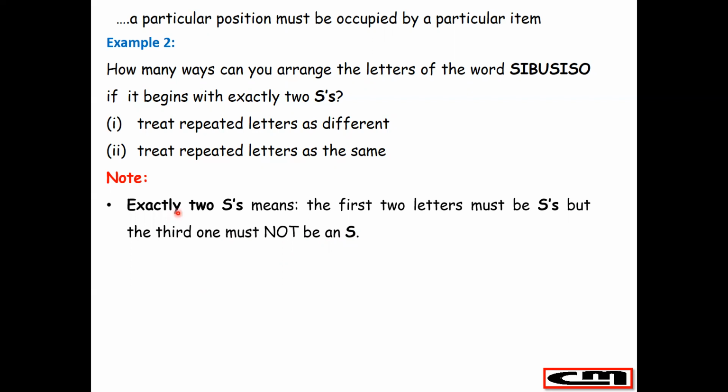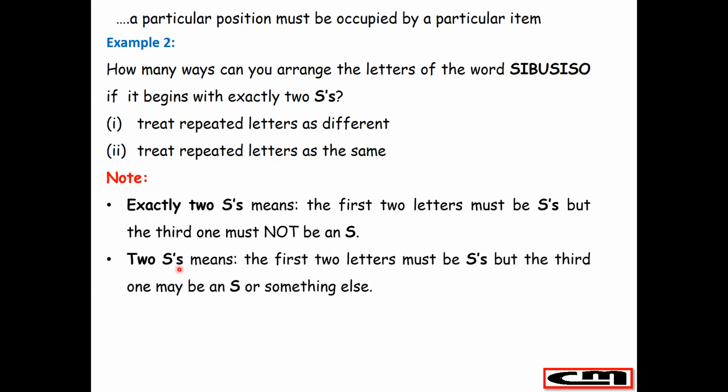When it's written 2 S's, then it means the first 2 letters must be S's, but the third one may be an S or something else. So these are not the same things that are written here: exactly, and only 2. And these 2 are very, very different.